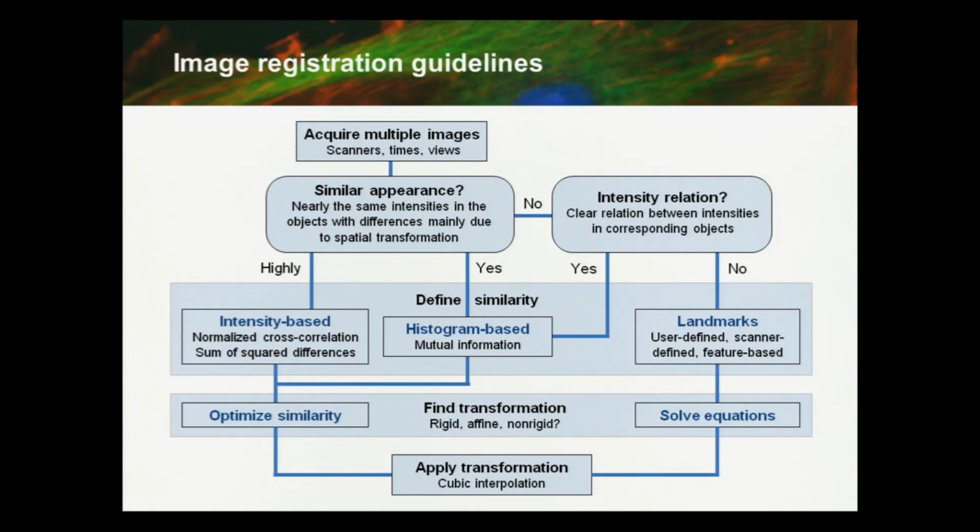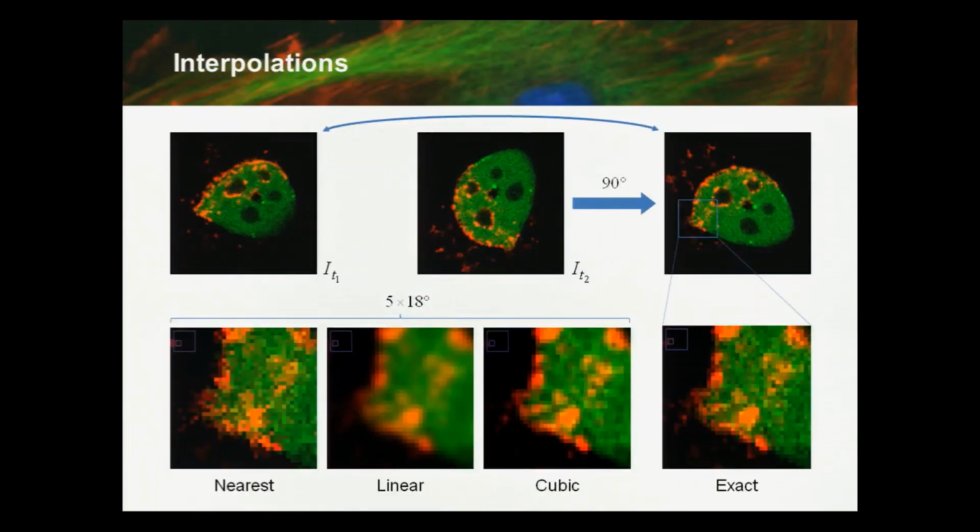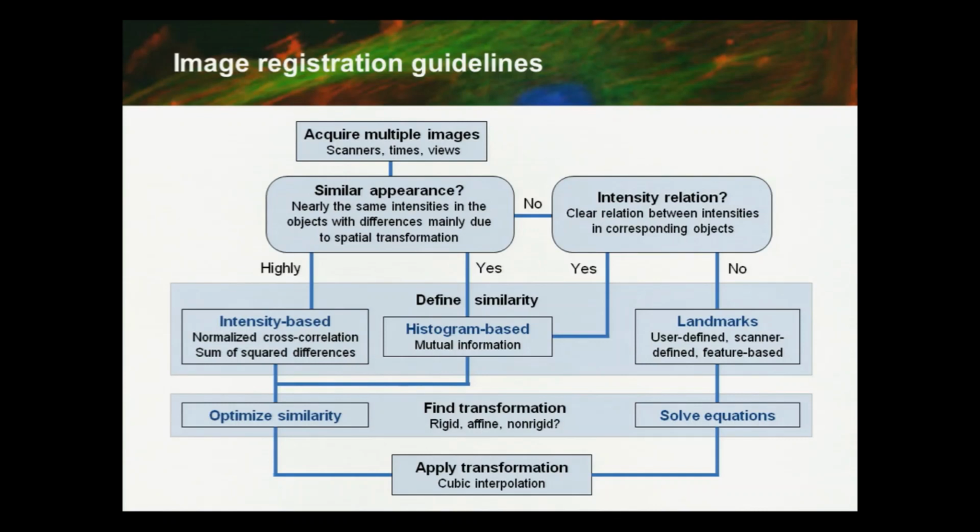For example, in this CT and MR example that I showed you, the bone was white in one and dark in the other, so that's a clear correspondence. And also in other regions in the brain, for example, it was grayish in both. So as long as all the image structures that you're interested in have a clear relation in terms of image intensities, you can still use a histogram-based measure like mutual information.